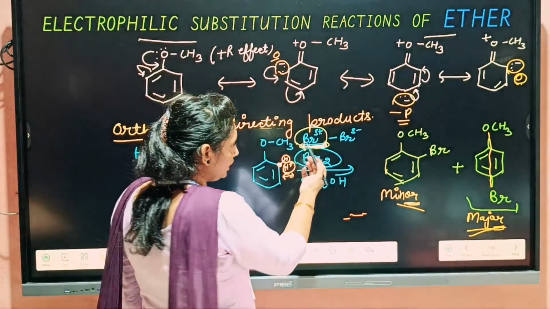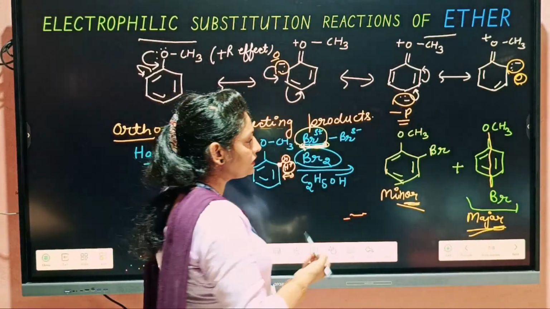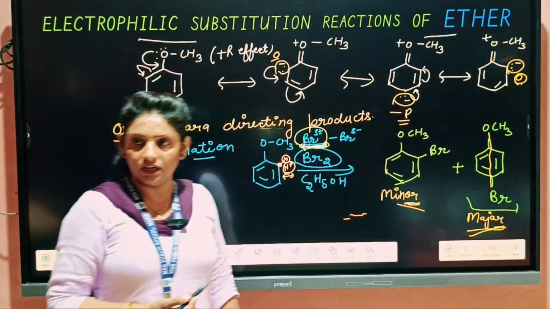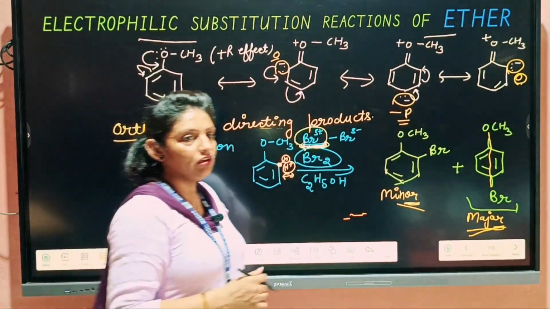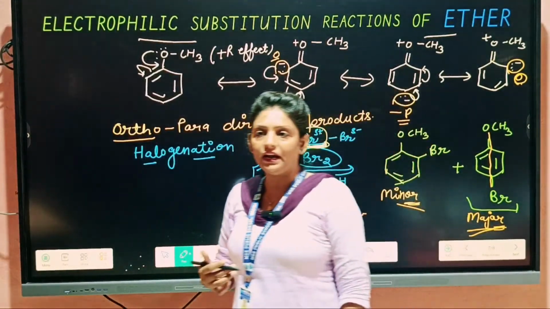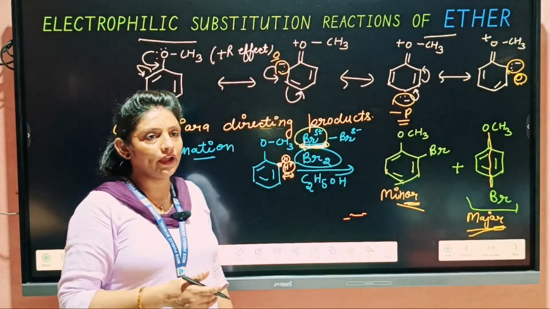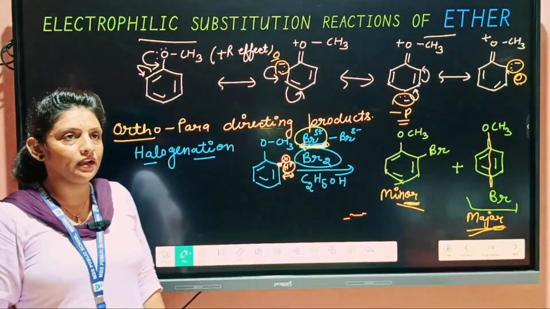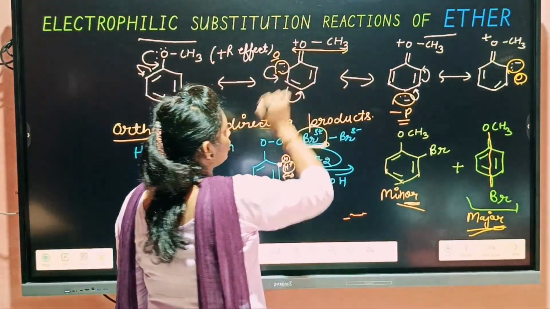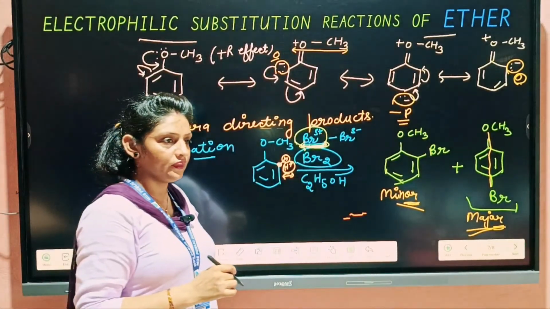So one electrophile is replacing the other electrophile, and these reactions are known as electrophilic substitution reactions. In the case of ether, we get ortho-para directing products because electron density comes at ortho and para. Why does it come on ortho and para? Because the OCH3 group shows the plus R effect. It is clear to you or not? Okay.